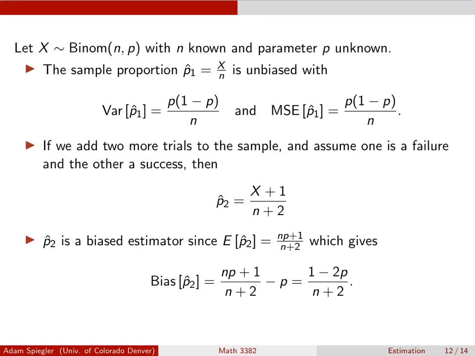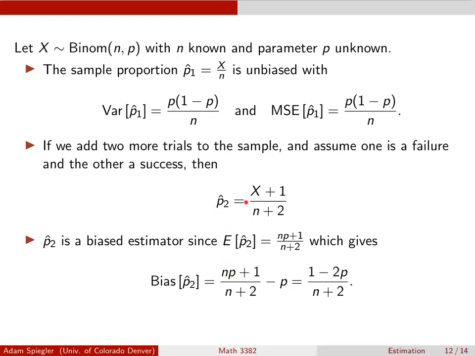And so the first thing that we can observe is that this is an estimator which is biased. If I were to calculate the expected value of p hat 2, our second one, then on top we would get the expected value of X. And since we're dealing with a binomial distribution, the expected value of X would be n times p.